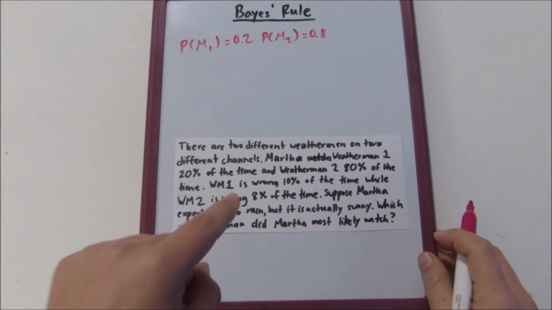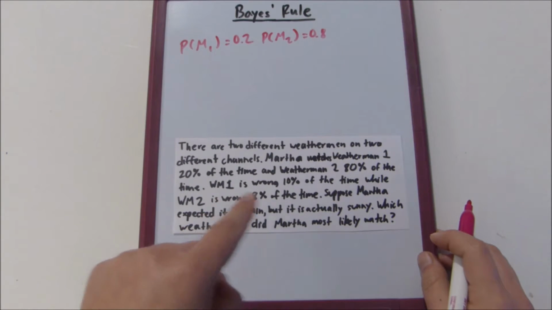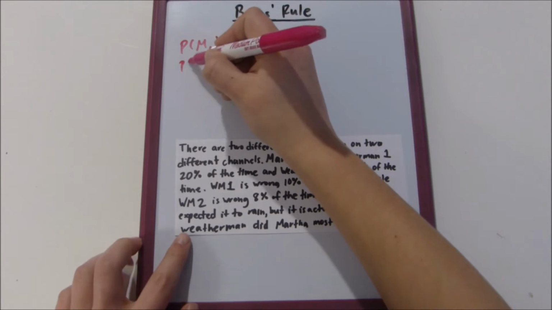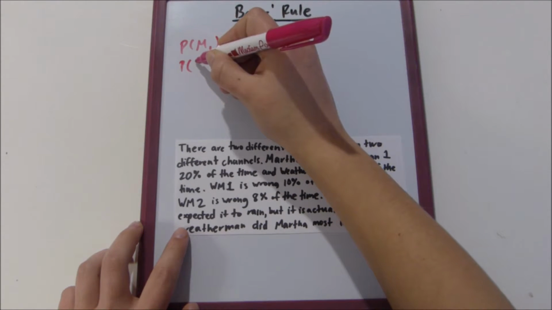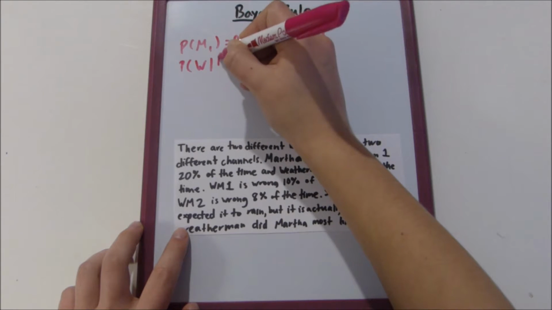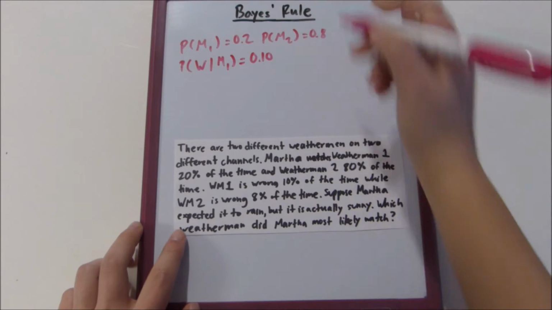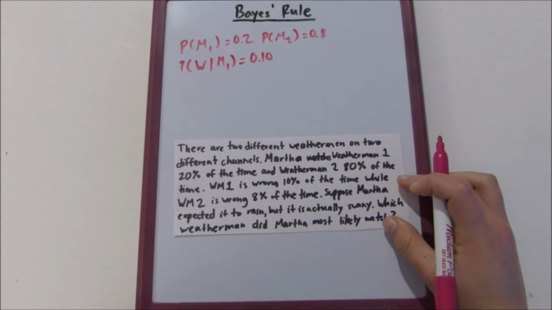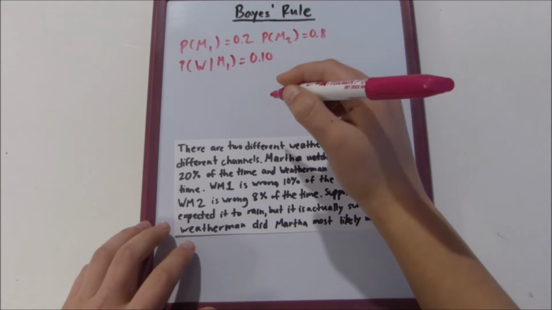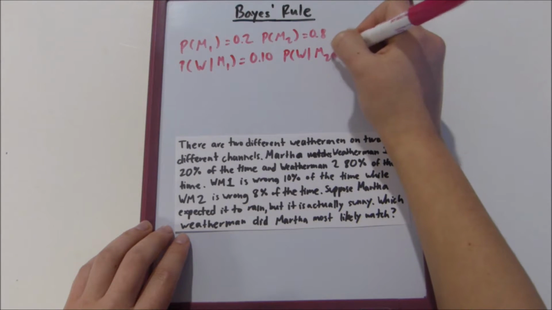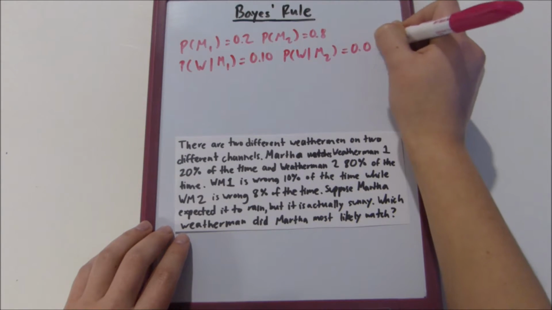So when Martha watches weatherman 1, he's wrong 10% of the time. So we can define that as the probability that he is wrong given that it's weatherman 1, 0.1. Then weatherman 2 is wrong 8% of the time. So probability wrong given weatherman 2 is 0.08.